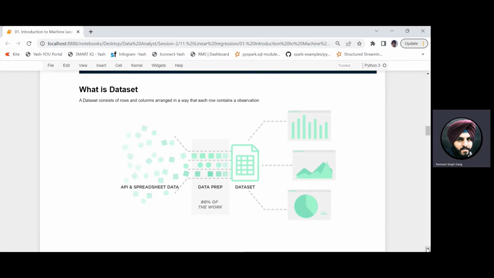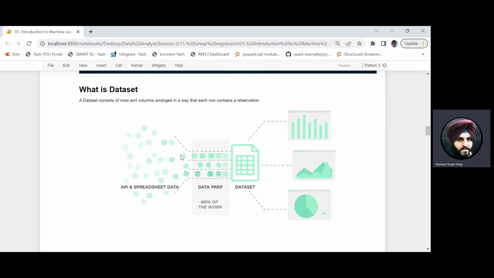A data set consists of rows and columns arranged in a way that each row contains an observation. You could map this to Excel, where each row consists of some observation. That's where we talk about spreadsheets and APIs.